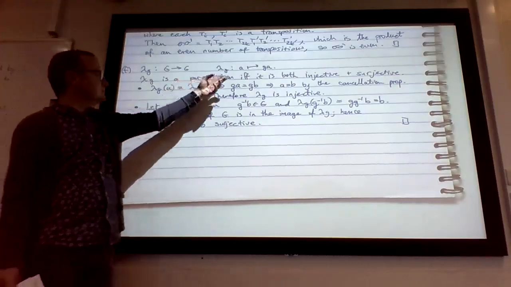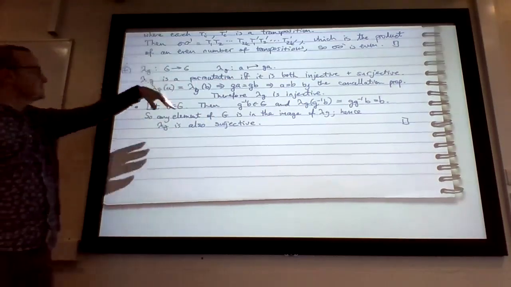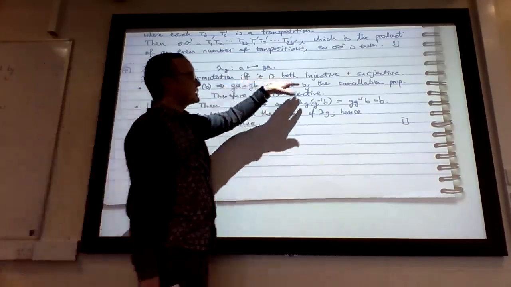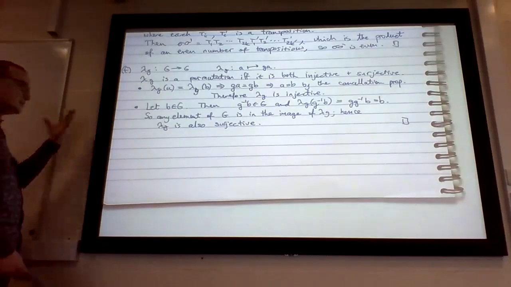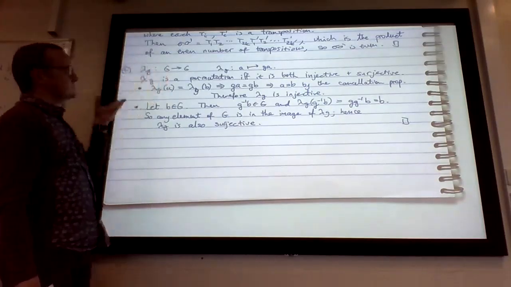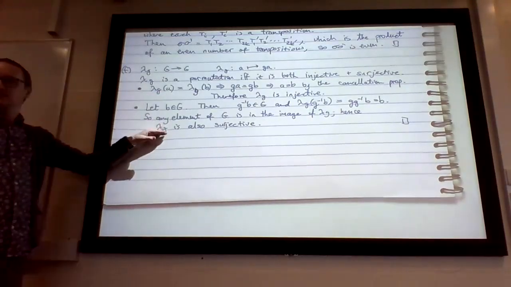A permutation of a set is an injective and surjective function from the set to itself. A group is a set, so a permutation of a group is just a bijective function from the group to itself. So you have to prove injectivity and surjectivity.